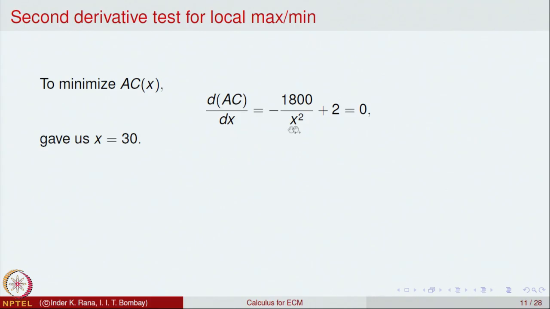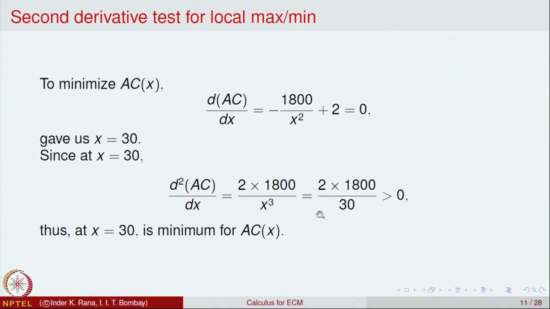But because this function is differentiable, the second derivative exists. So, the second derivative for this function at x equal to 30 turns out to be bigger than 0. The second derivative is minus times minus, so that gives you plus. So, 2 x, the power goes to minus 3, and when you put the value equal to 30, it turns out to be a positive quantity.